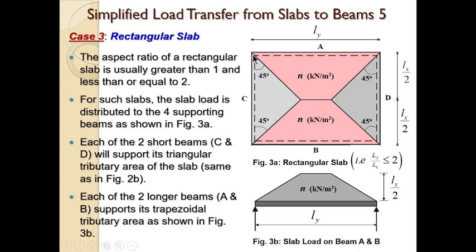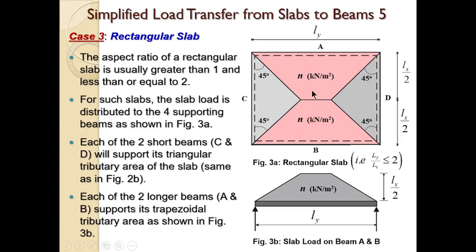So the short span beams are carrying a triangular tributary area, and the triangle is such that this line is 45 degrees. You can see this is 45 degrees, this is 45 degrees. This one will also automatically be 45 degrees. You can see the way this triangle is carved out so that you have 45 degrees, 45 degrees, and this other thing happens like that.